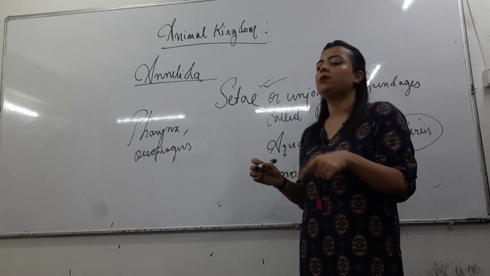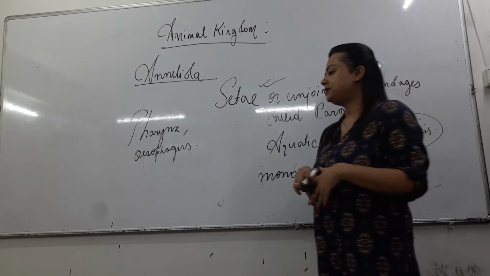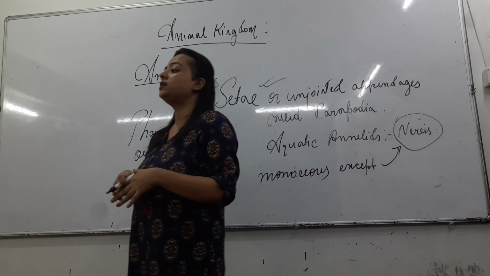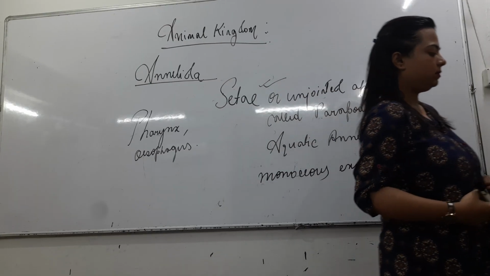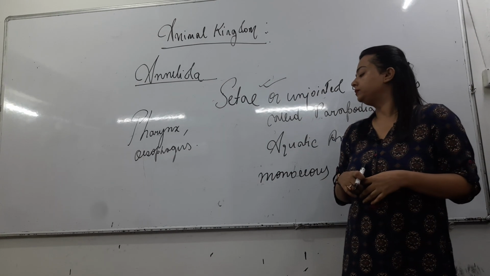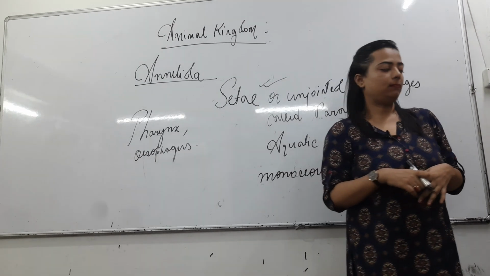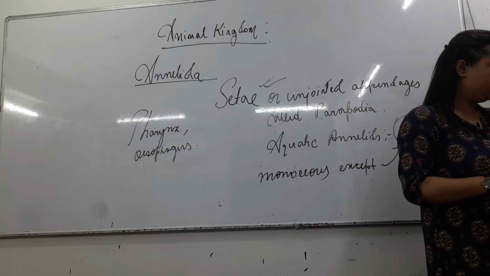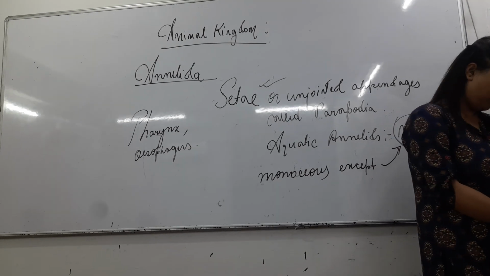All annelids are monoecious except Nereis, who is dioecious. Okay, done.